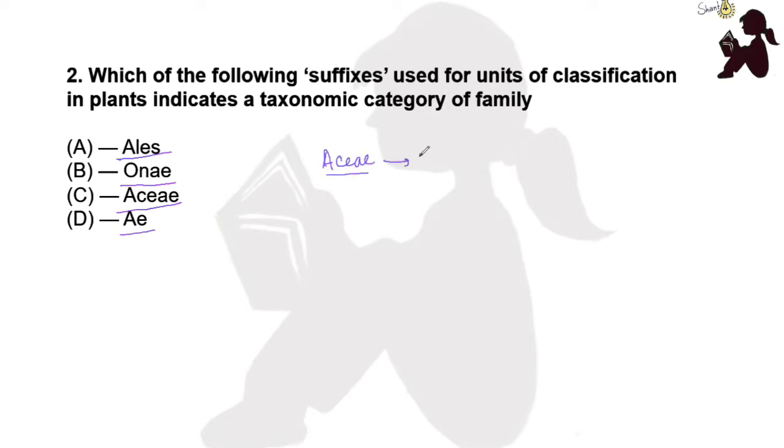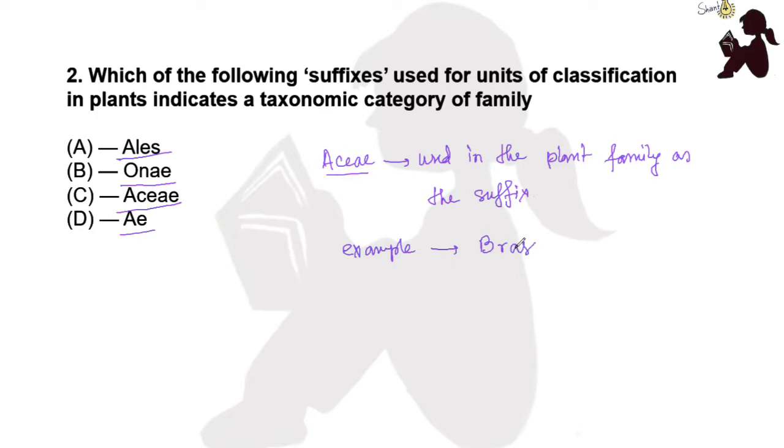So we know that aceae is used in plant families as the suffix. For example, Brassicaceae and Fabaceae.